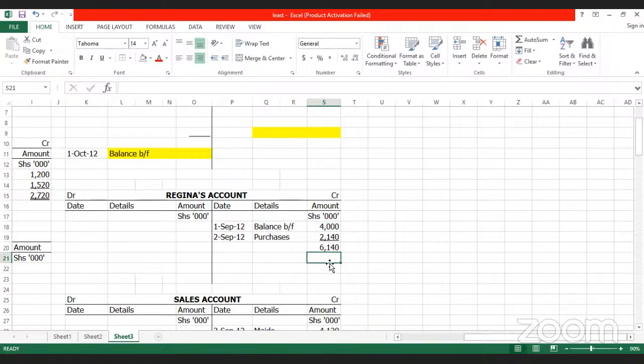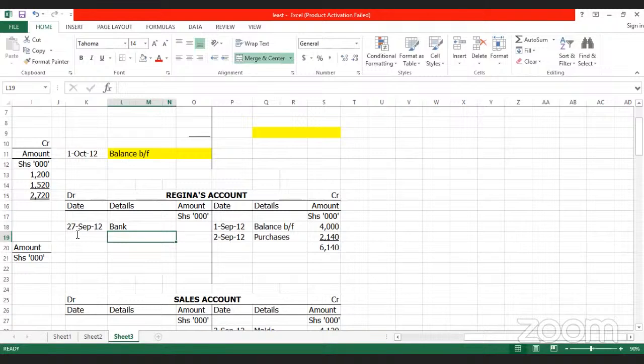6,140. But of course, there was a discount. So on 27 September 2012, bank.